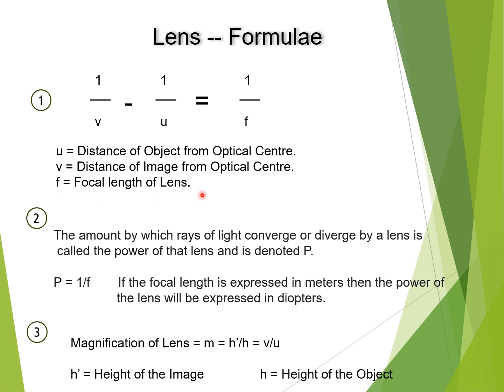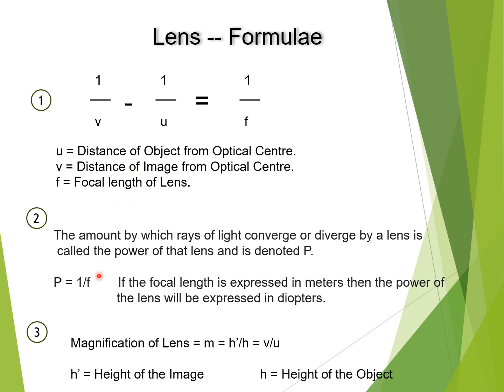If you recall mirror formula, that was 1/v plus 1/u equal to 1/f, and u was distance between object and pole, v was distance of image from pole, and f was the focal length of the mirror. So this was the difference here. There it was plus, here it is minus.